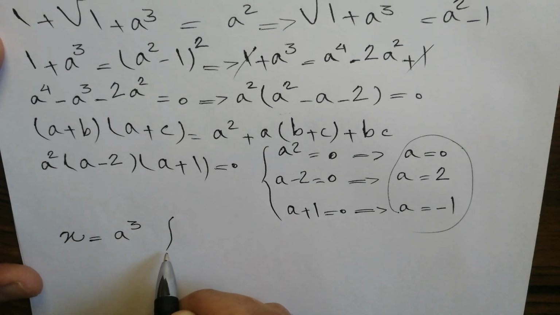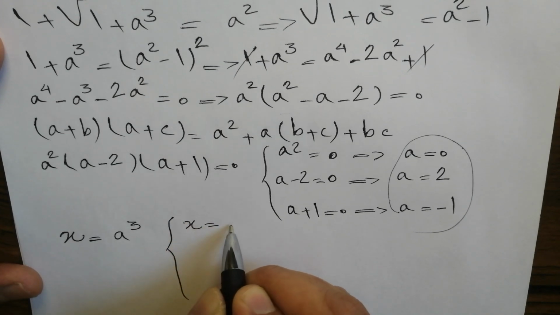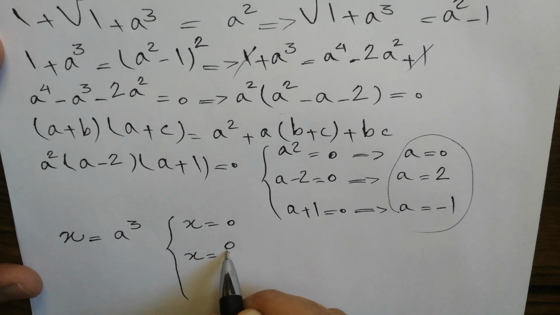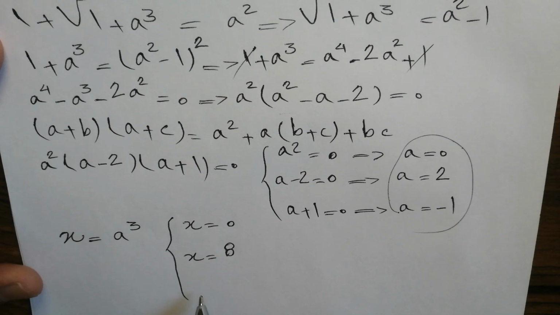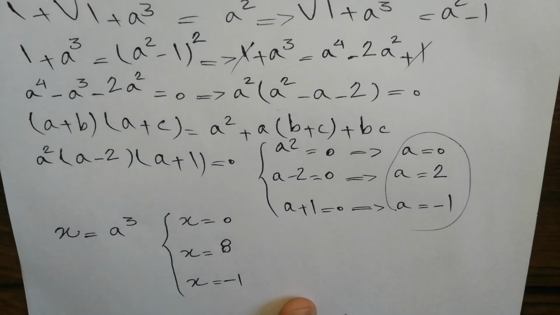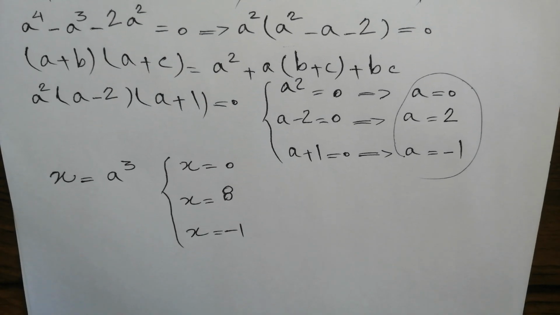Based on these values for a, x is either 0, or 8, or -1 to the power of 3, which is -1.